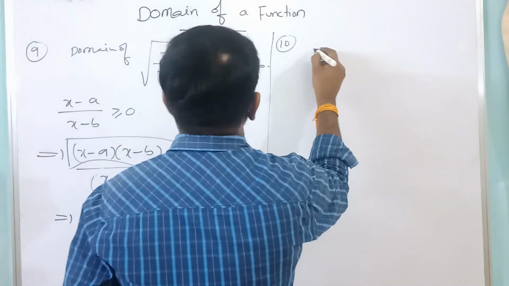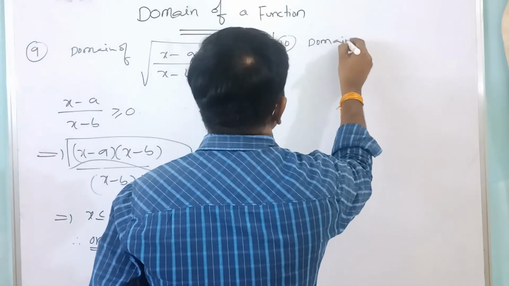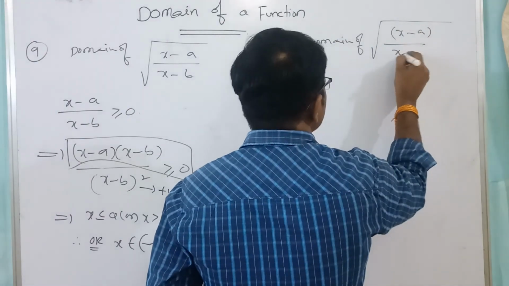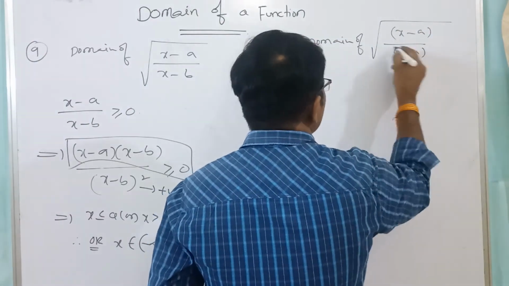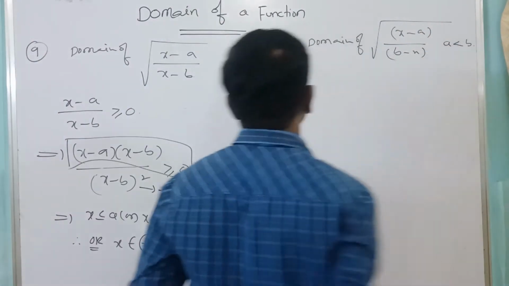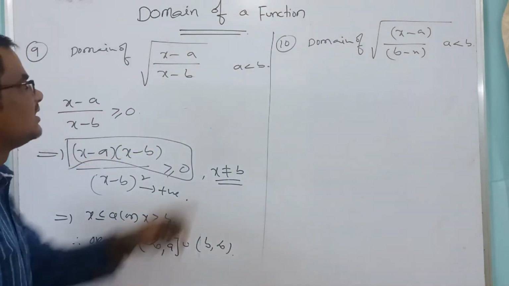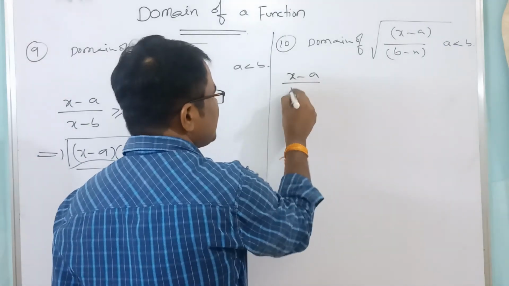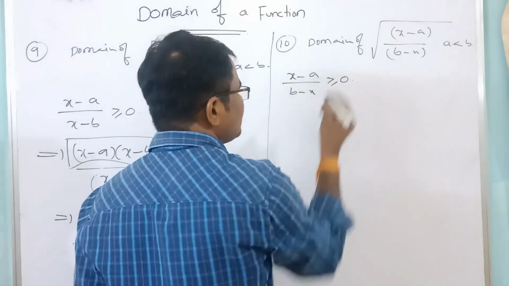Suppose they given the domain of the root of (x minus a) by (b minus x), whenever a is less than b. Right? Here a is less than b. So here also (x minus a) by (b minus x) is greater than or equal to 0.